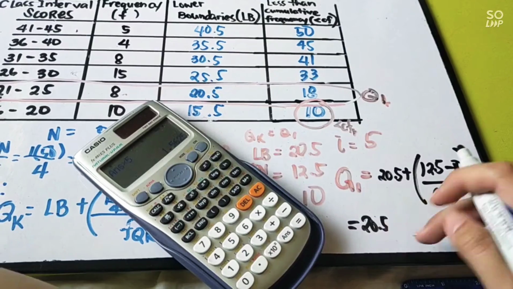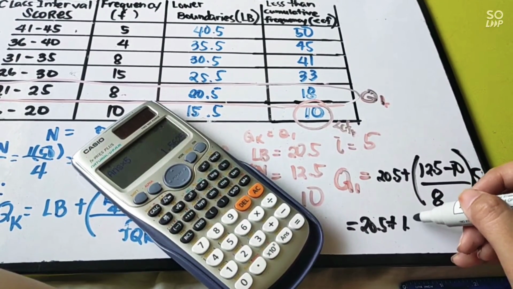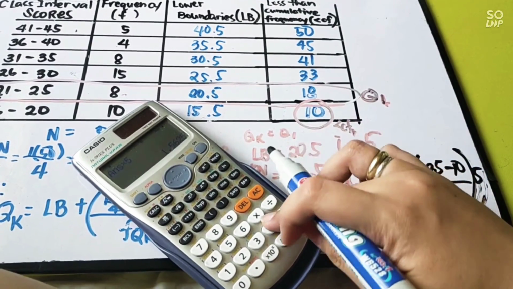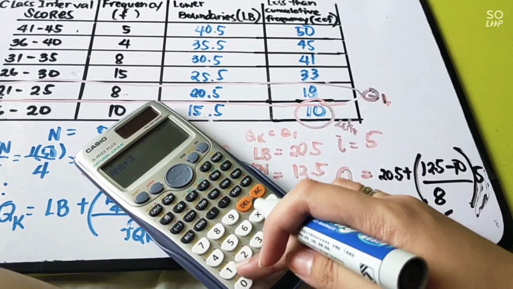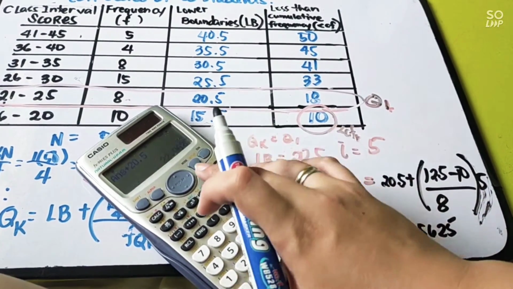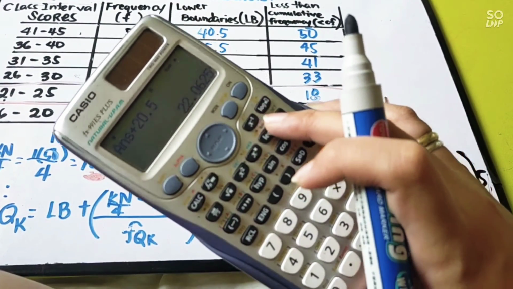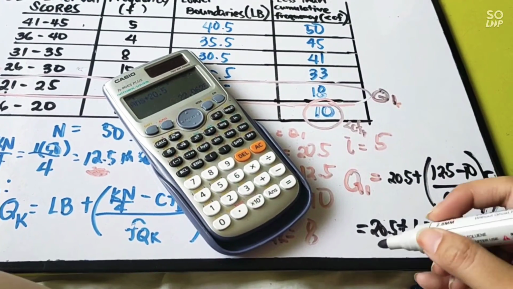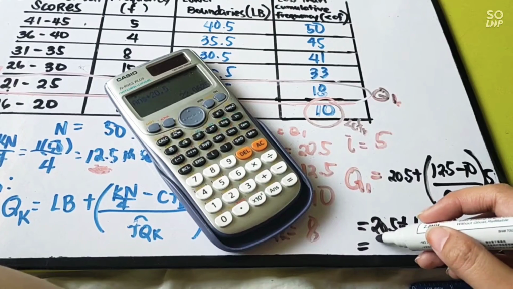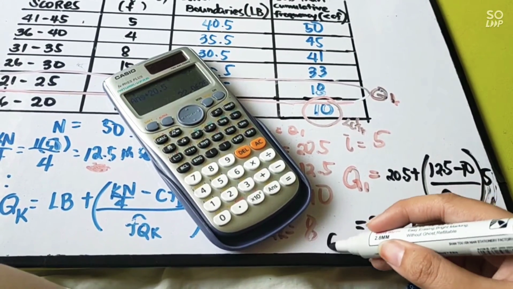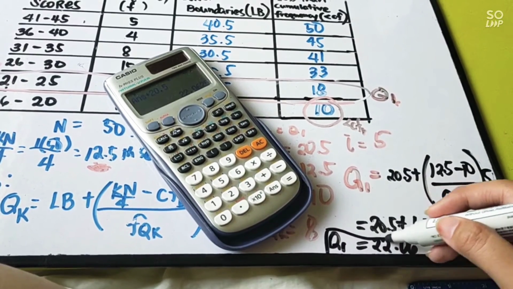So, we have here plus 1.5625. Then, add mo lang plus 20.5. So, the answer here is 22.0625. Round off mo na lang into 2 decimal places. So, we have 22.06. So, this is your quartile 1.